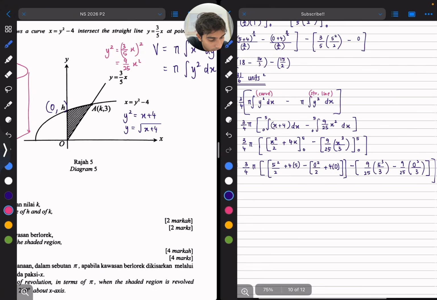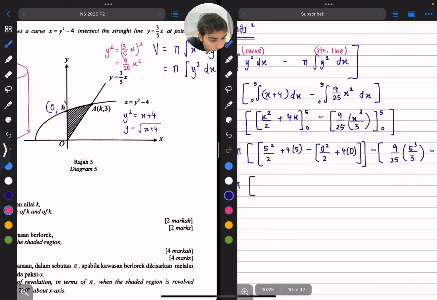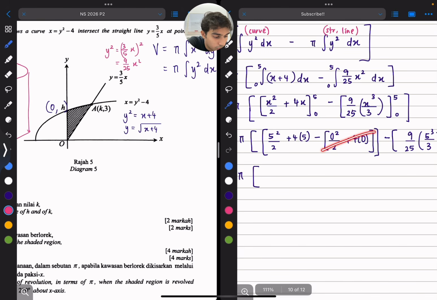Alright, then we calculate this. So this whole thing is going to be 0. Okay, so just ignore that. We just put this in our calculator.